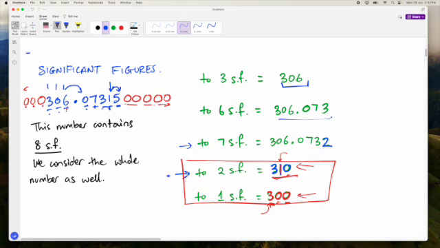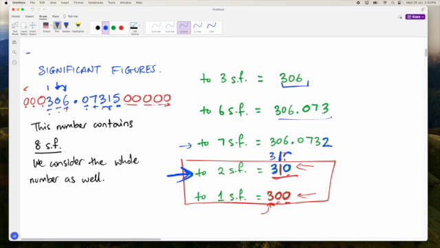But to 2 significant figures, this is where I had to take a look, because we would start here with 1, 2. This would be the second significant figure. You see the number after is greater than 5, and so we would have to increase that 0 to a 1. But we can't just put 31. Remember, with the whole numbers, this 3 and this 1 are hundreds and tens.